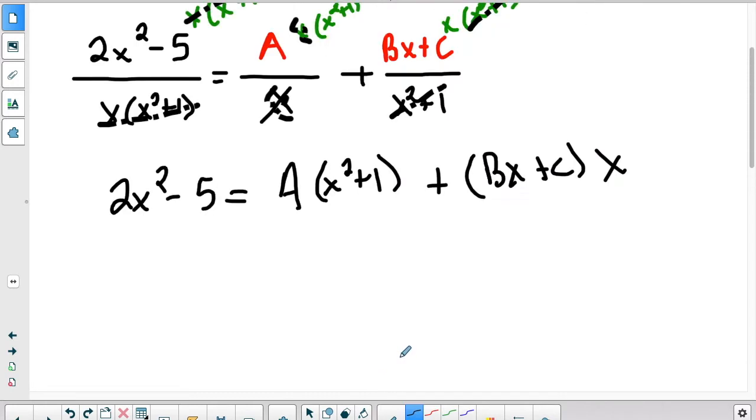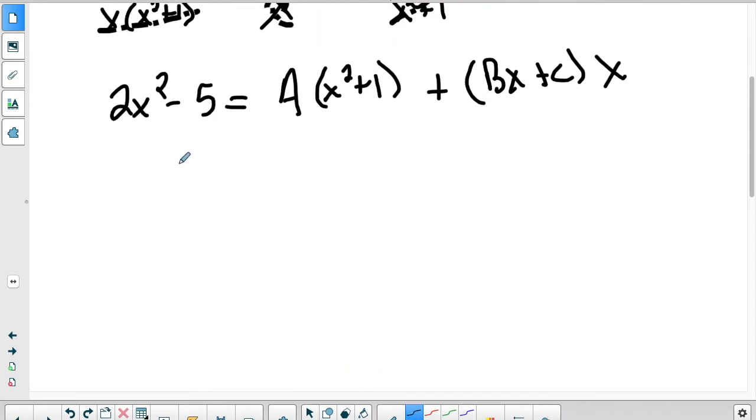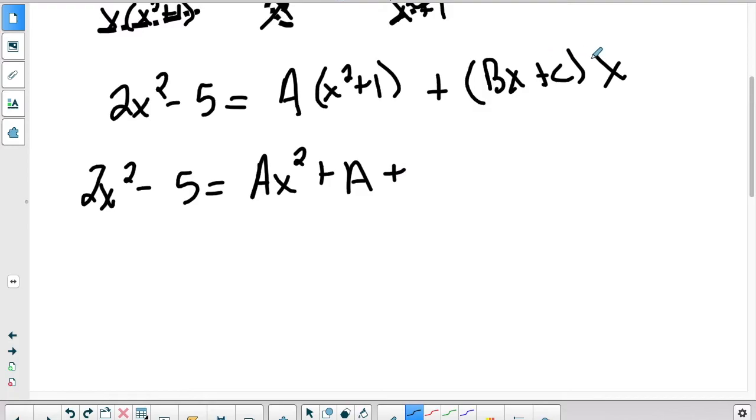Now again, just like with the last problem, we're going to multiply through on the right side. So 2x squared minus 5 does not change. Here we're going to have Ax squared plus A, plus, distributing the x, Bx times x is Bx squared plus Cx.